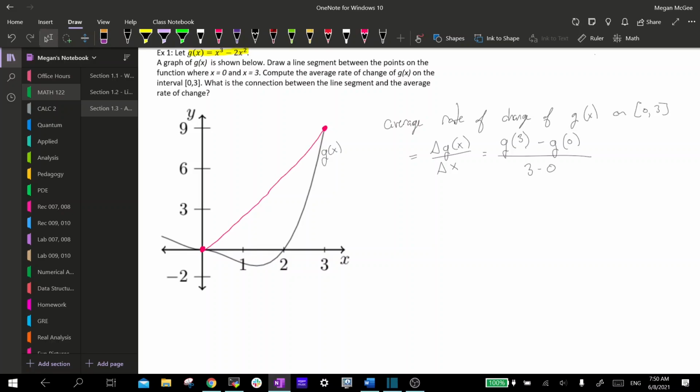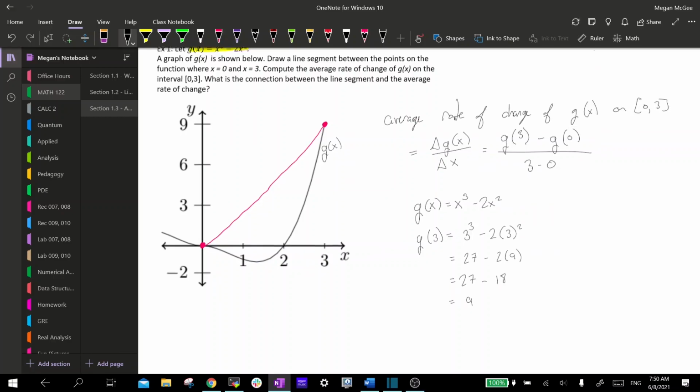We were given the function g of x is equal to x cubed minus 2x squared. So for g of 3, I'm going to plug in 3 everywhere we see an x. So 3 to the third power minus 2 times 3 squared. So this is 27 minus 2 times 9, so we have 27 minus 18, and so g of 3 is 9.